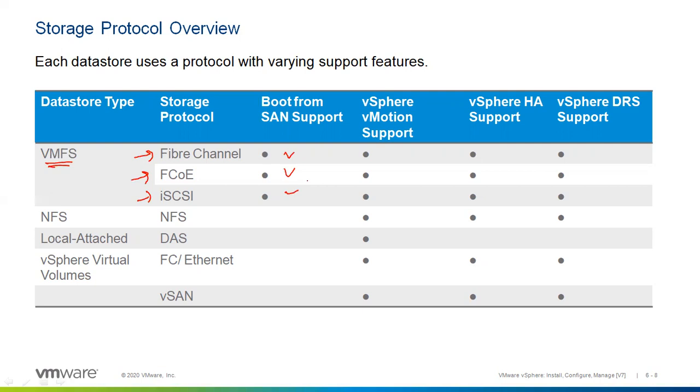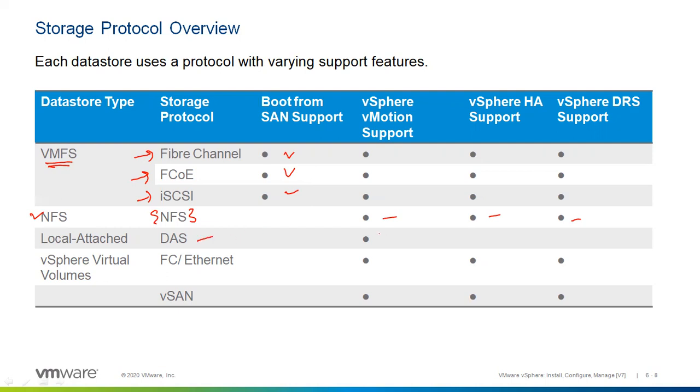The rest of the features, such as vSphere vMotion, moving VMs from one host to another, vSphere High Availability, and vSphere DRS, are supported by all families of storage. NFS supports all the features except boot from SAN. Boot from SAN is not possible through NFS because NFS is presented as a file share that is already formatted with a file system.